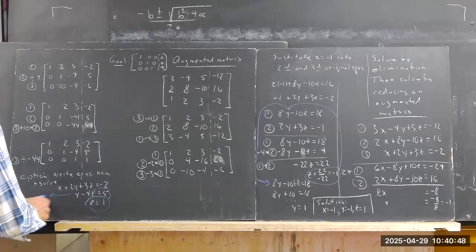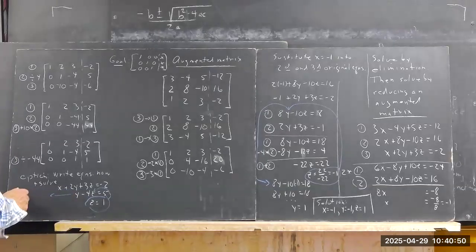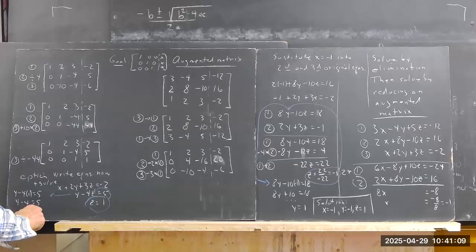The equation I get is y minus 4 times 1 equals 5, which is just y minus 4 equals 5. That's wrong, because I get y equals 9. There's a mistake in here somewhere.